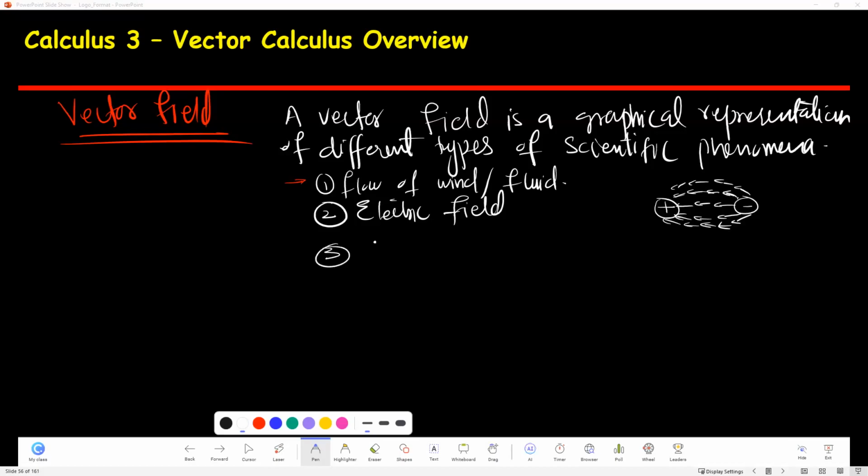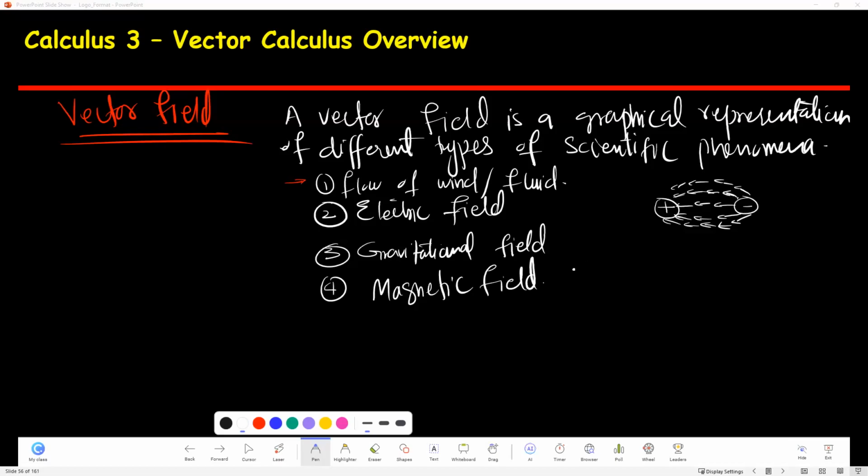Number three, gravitational field. Okay. Another one is the magnetic field. There is a very cool topic that you should know as an engineering student. Gravitational is obviously something everybody knows, but look up the Earth's magnetic field.